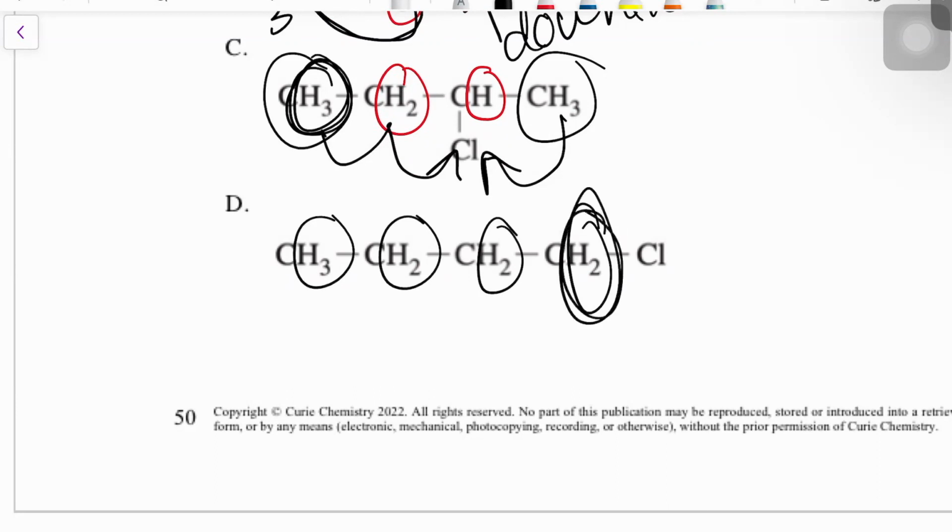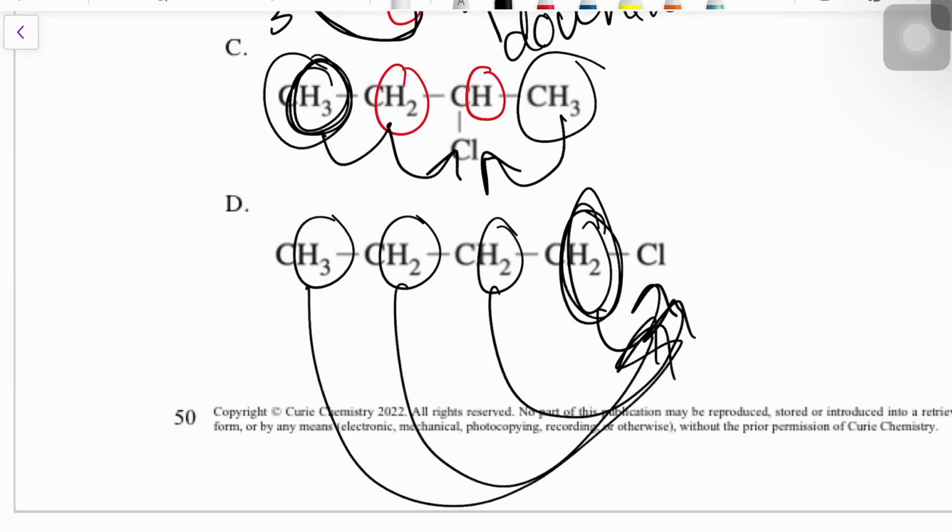This hydrogen right here is 1 position away from the chlorine. This hydrogen is 2 positions away. This hydrogen is 3 positions away. This hydrogen is 4 positions away. So from each of your hydrogens, they're a different position away from the chlorine. The molecule looks different standing on each of them. So each group of hydrogens is going to have its own peak.